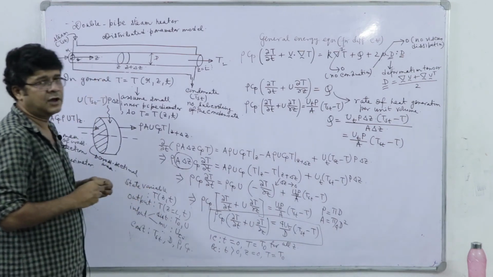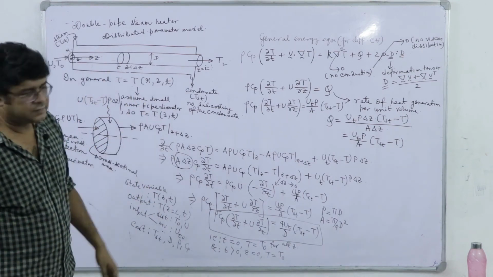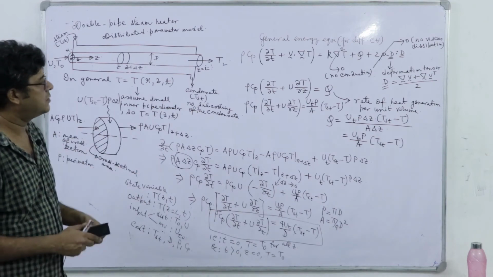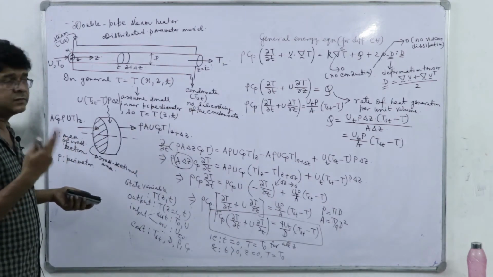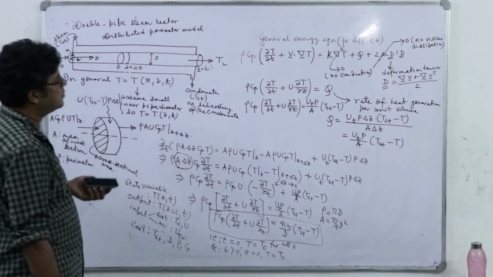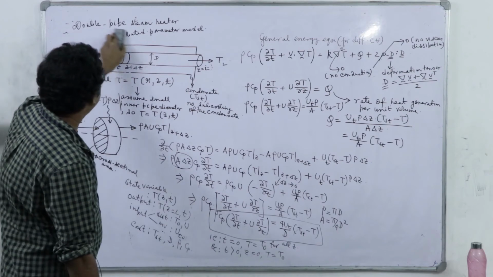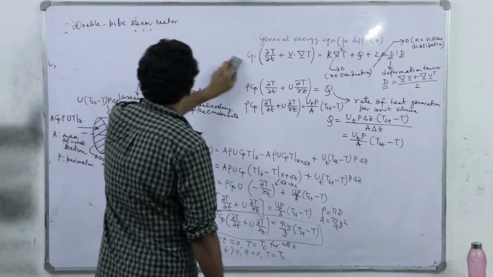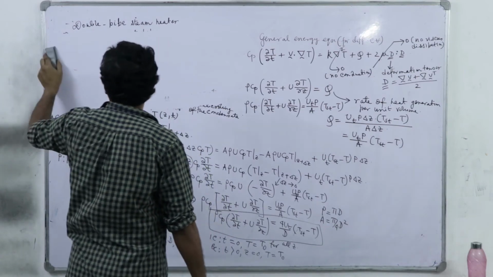Right. So this is an alternative strategy by which we can very easily derive this equation for this one dimensional or maybe two dimensional distributed parameter system. Another distributed parameter model may be something called the plug flow reactor.